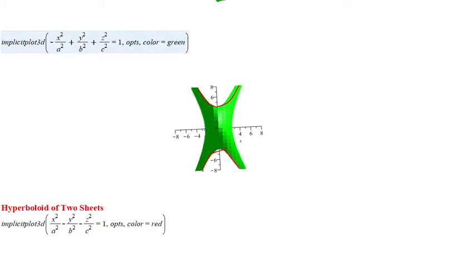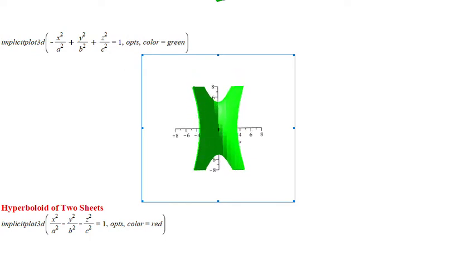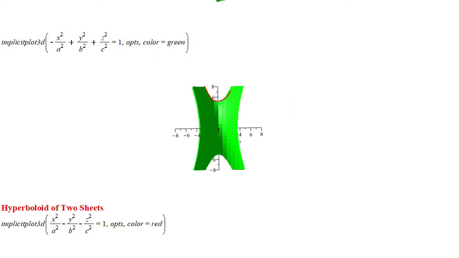Now we'll twist it a little bit so we're looking straight down the x-axis. Now this is the YZ image, and you see again in the YZ image some hyperbolas, hence the term hyperboloid.